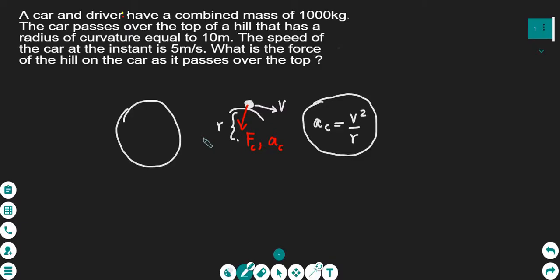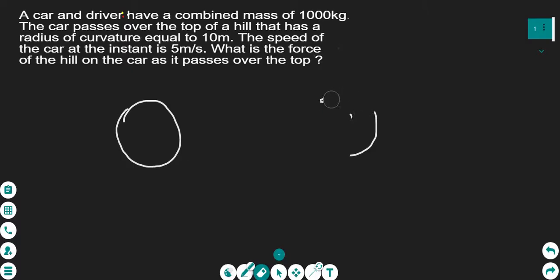So let me first draw a simplified figure just to make this more clear to you guys, and from there let's proceed by applying the equations as well as drawing something called the free body diagram. So the first thing I'm going to do is draw a sketch of this situation.